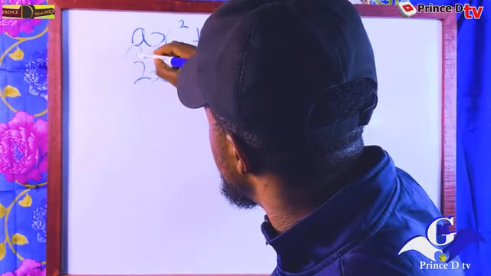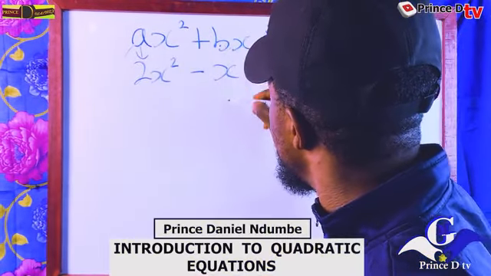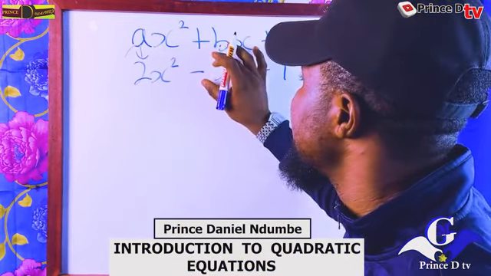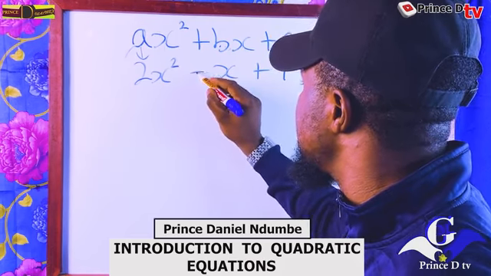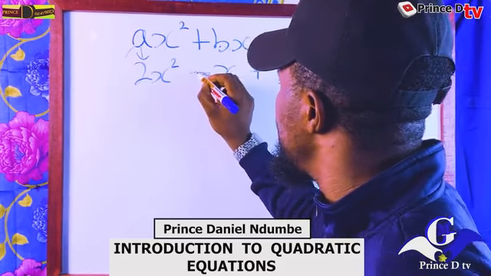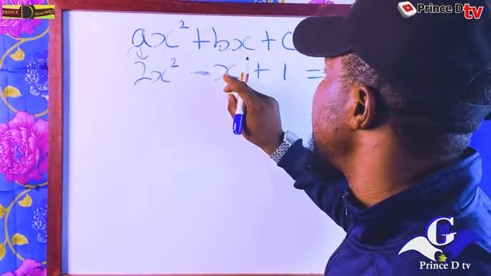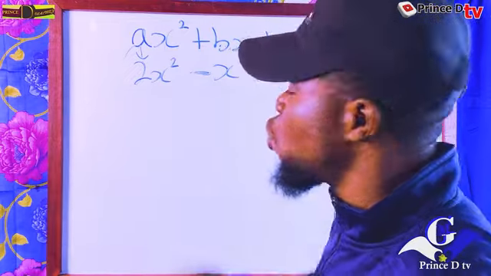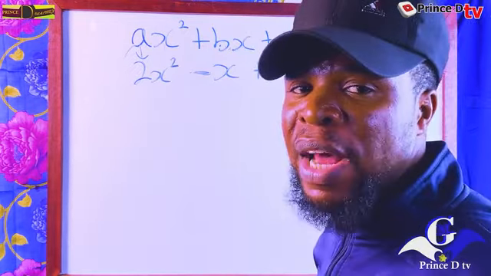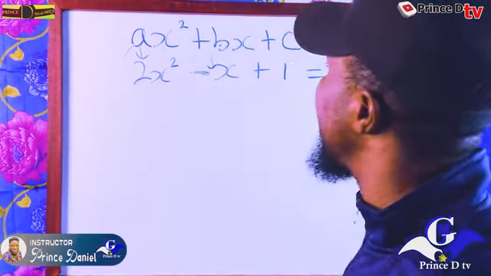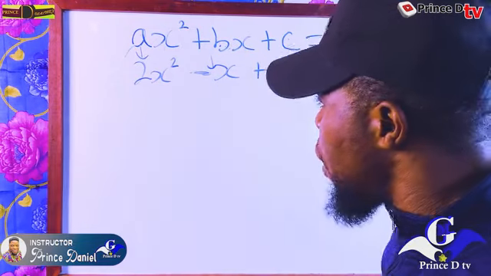Our a is simply 2. Our b, so now remember bx, so it means there is a constant here, and since there is no number here, the moment you notice no number is being multiplied to x, or x squared, it is just 1. But here we have a negative sign, which means our b is negative 1. And of course, our c is 1.